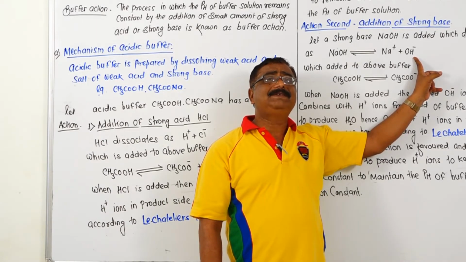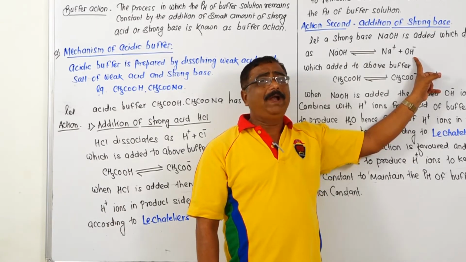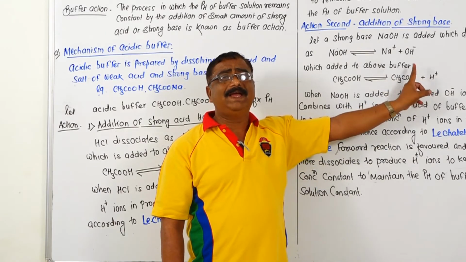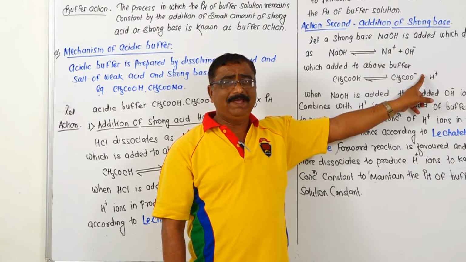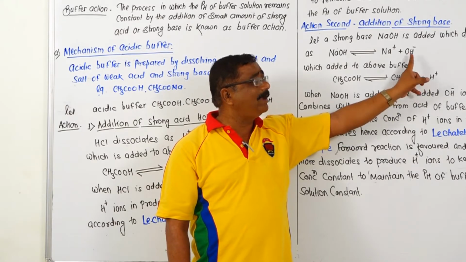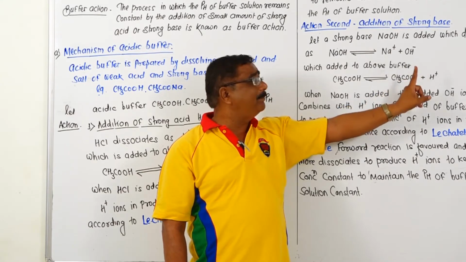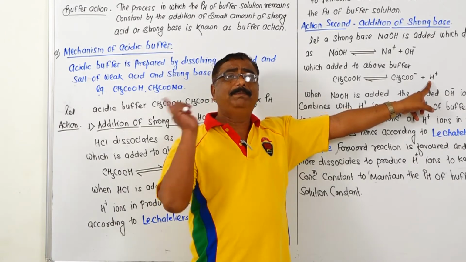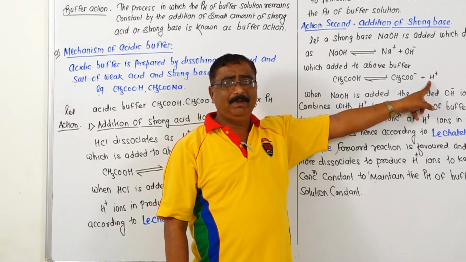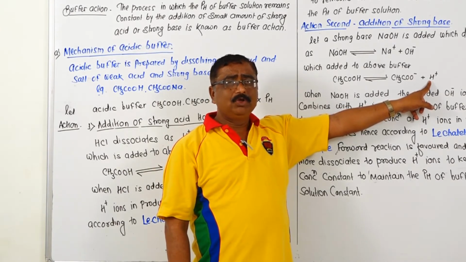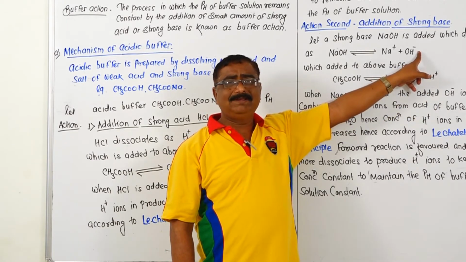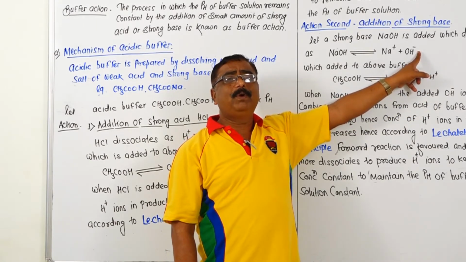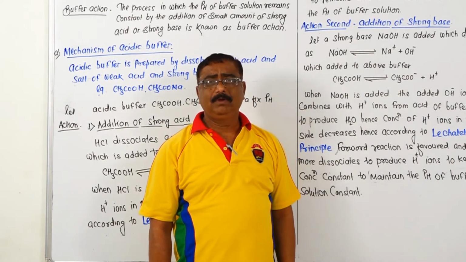Whatever OH minus ions we added from the base combine with the H plus ion from the buffer solution. So H plus and OH minus combine and produce water molecule.